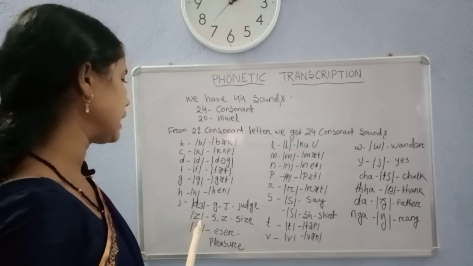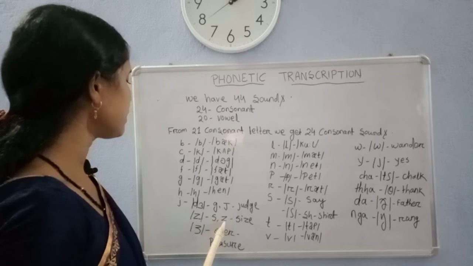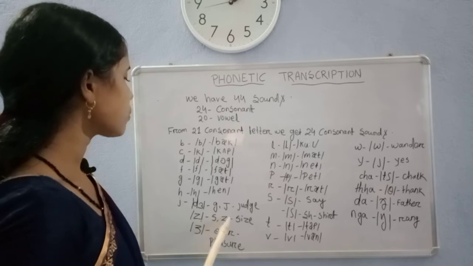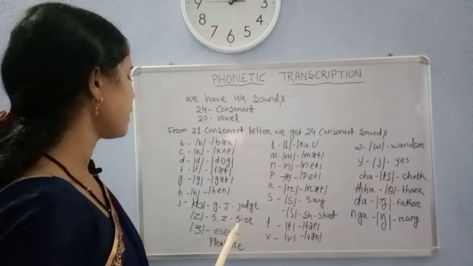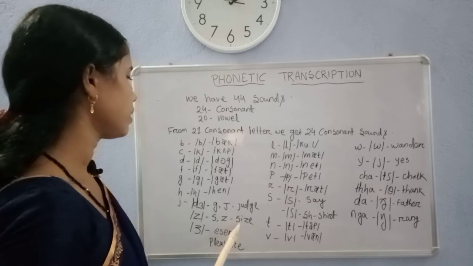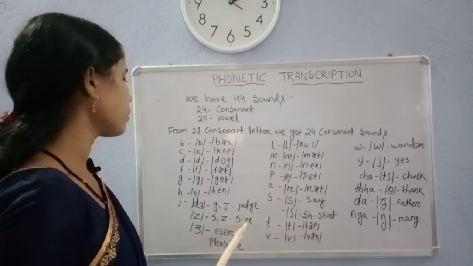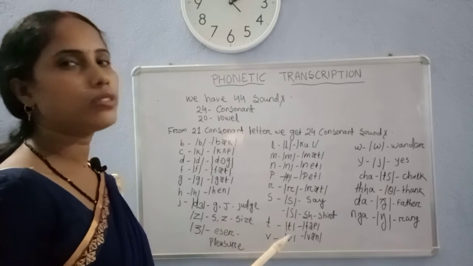The Z sound is written when the word is written with the letter S or Z, as in size. It can also be written with S or Z and pronounced as the zh sound.